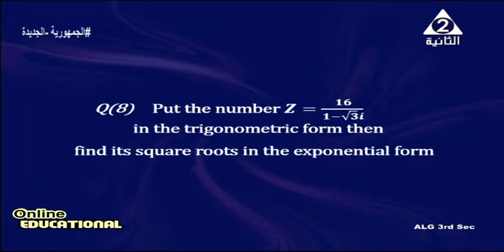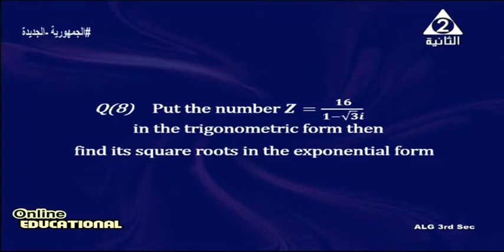Don't forget, complex number z equals x plus iy. In this case, z equals 16 over 1 minus root 3i. By using the conjugate or by using a calculator, find z in simplest form.